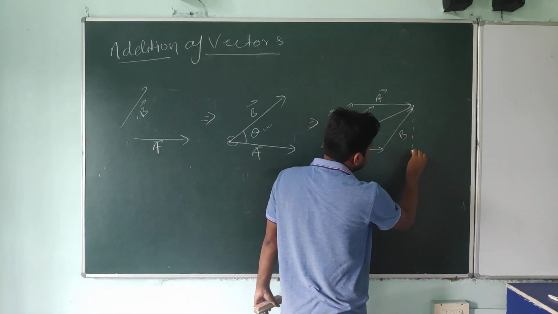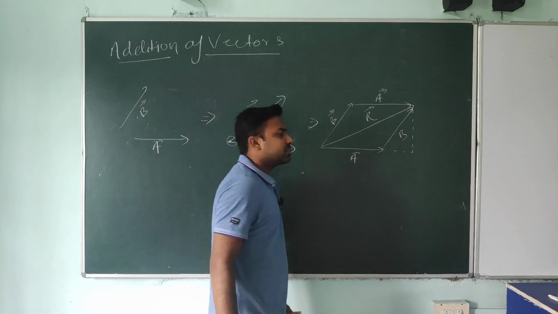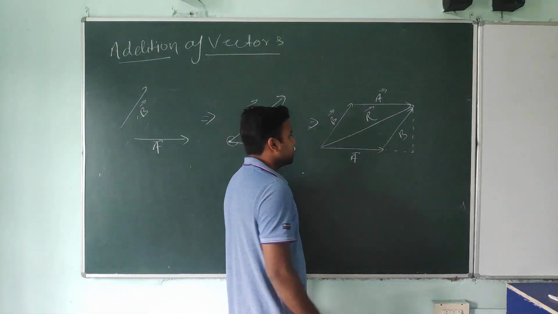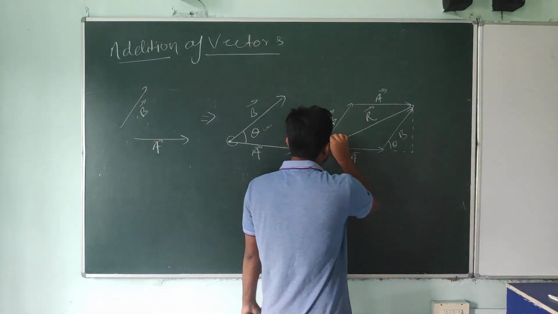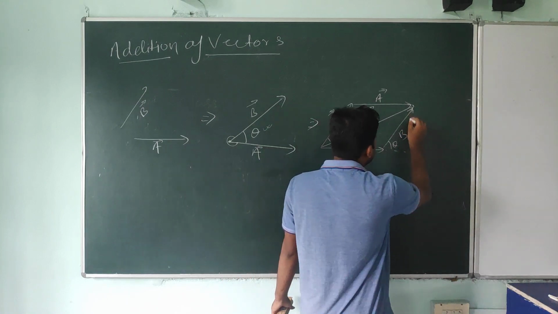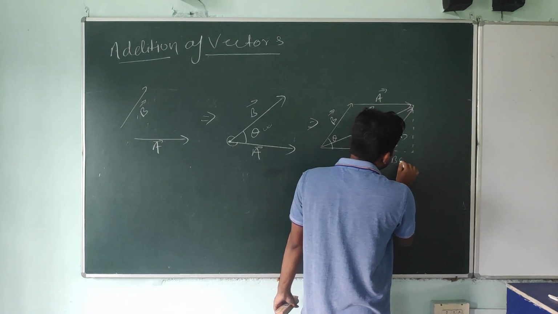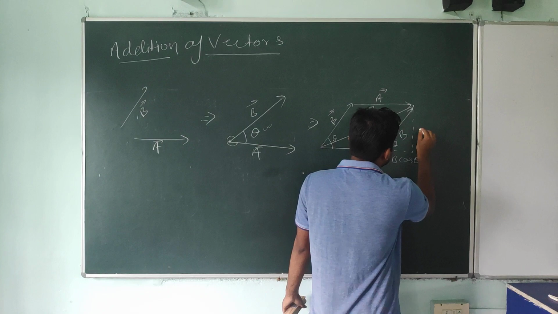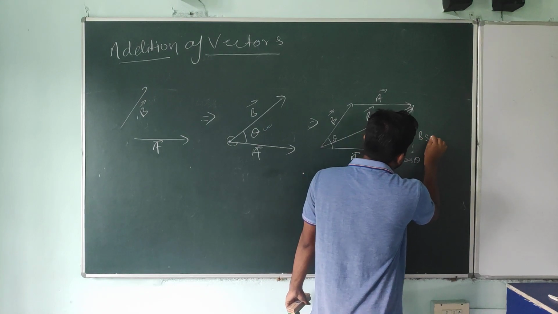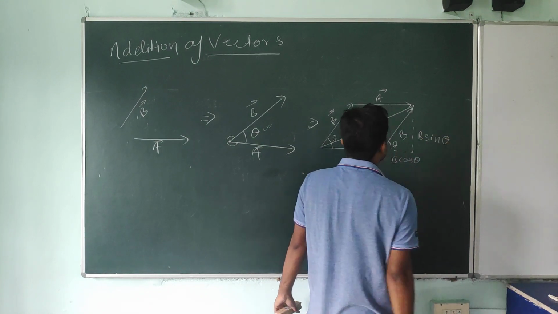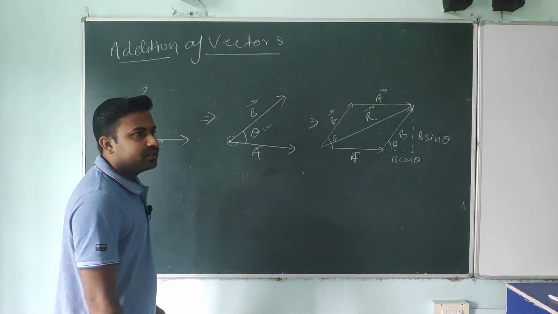This is the important part, that's why I am revising it again. This one is theta and this one is also theta. So if this one is B, then this one is B cos theta and this one is B sin theta. Okay students, we already discussed this.